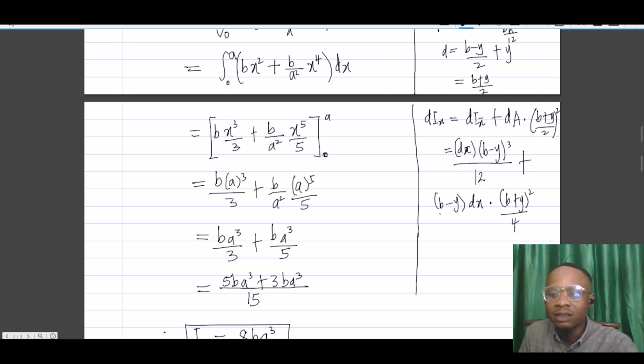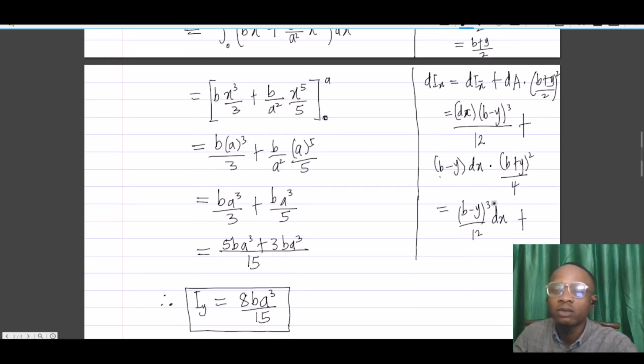We can tidy it up even further. We're going to have this to be b minus y to the power of 3, divided by 12, then multiply by the dx, then plus this, we have b minus y multiplied by this b plus y all squared.